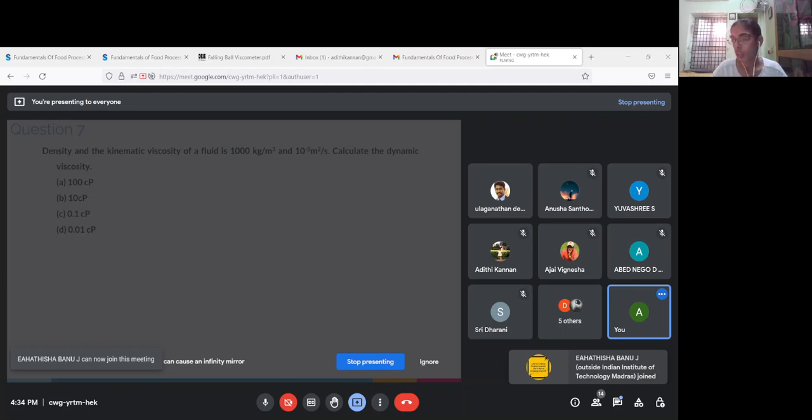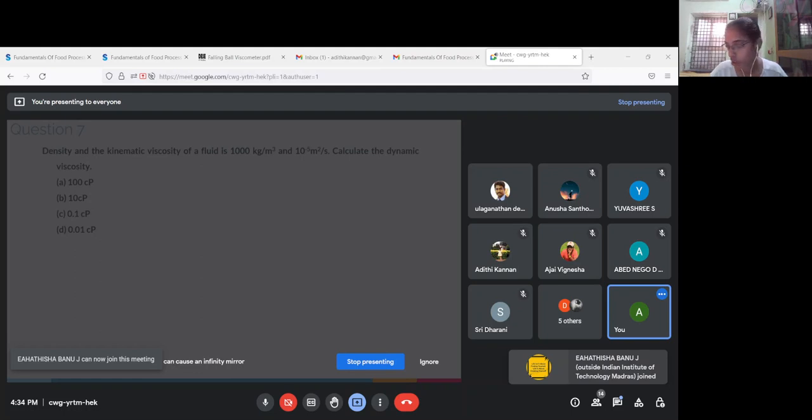So what is the conversion between a Pascal second and centipoise? Anybody knows that? So 1 Pascal second is equal to 1000 centipoise.